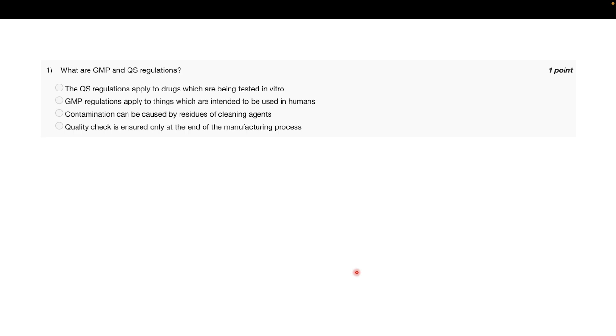Okay, let's start with the first question. So what are GMP and QS regulations? We have 4 options to choose from. So if anybody knows the answer, I'll pause for a minute and see if anybody has a response. If not, then we'll discuss the answer.